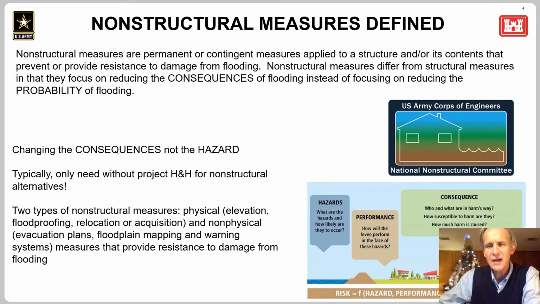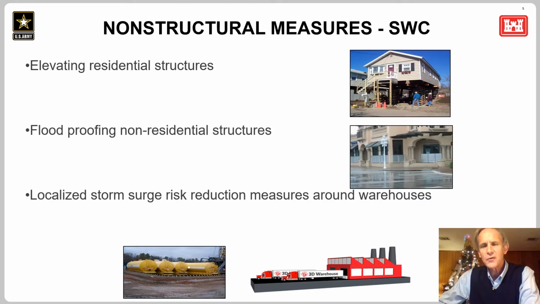The physical measures obviously provide resistance to damage from flooding though. So in Southwest coastal Louisiana, there were three physical measures that we used: elevating of structures, the flood proofing of non-residential structures, and these localized storm surge risk reduction measures around warehouses.